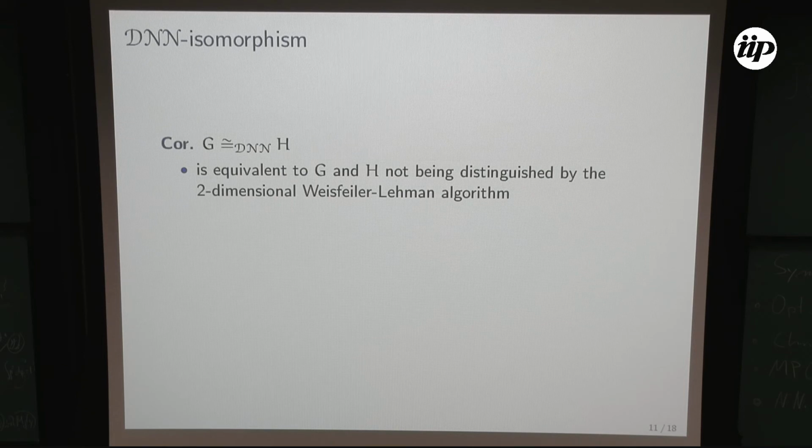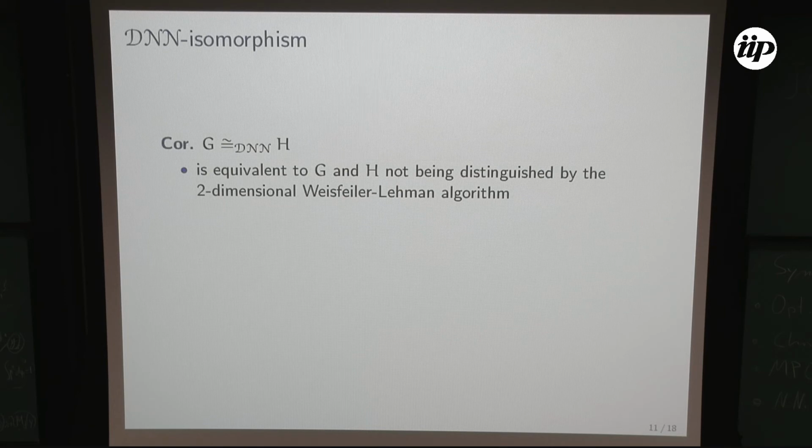I didn't talk about that, but you can also think about non-signaling isomorphism. It turns out that it's equivalent to the graphs G and H not being distinguished by the one-dimensional Weisfeiler-Lehman algorithm. And if you wanted to capture all these Weisfeiler-Lehman algorithms, the k-dimensional Weisfeiler-Lehman is equivalent to a different game where you have more provers.